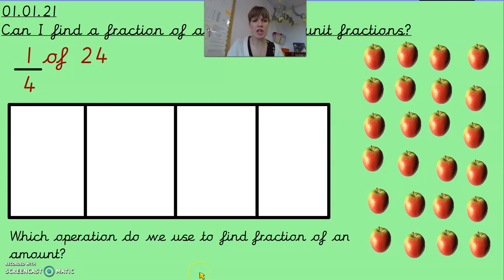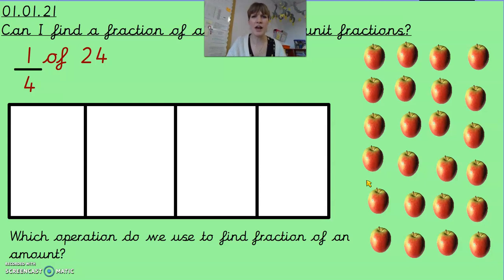Okay, so on this page, I have got 1/4 of 24. I want to know how much is 1/4 of 24. So I have got apples over on this side, 24 apples. And I have drawn a bar model. We love our bar models when we're doing our fractions, don't we?